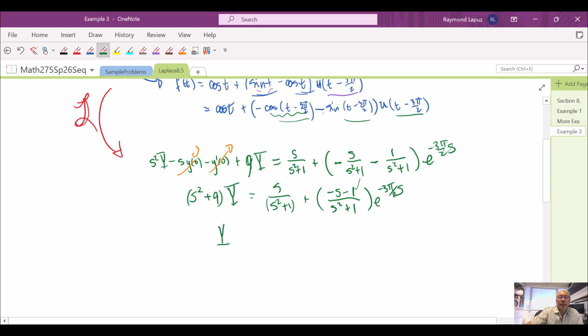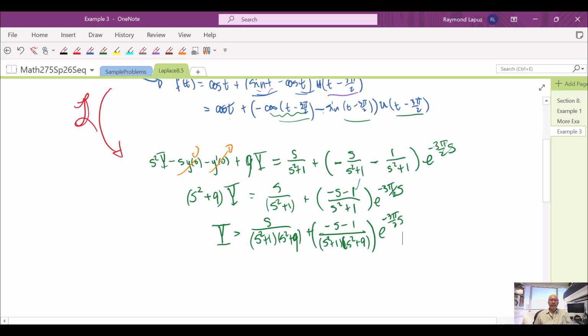And so we'll get y by itself. And I have s over s squared plus 1, s squared plus 9, plus negative s minus 1 divided by s squared plus 1, s squared plus 9. And this gets multiplied by e to the negative 3 pi over 2s.